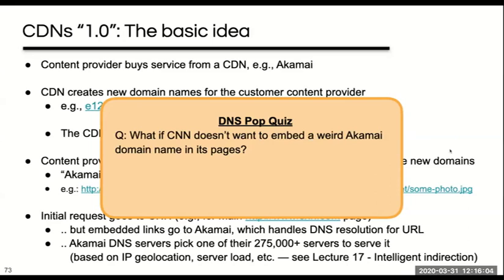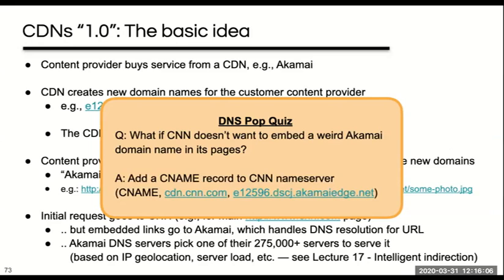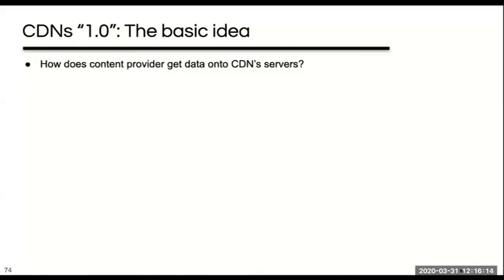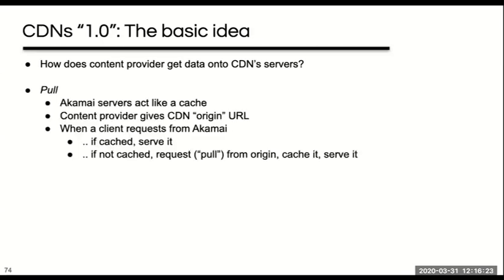You CNAME it, right? And so CNN, in fact, does have a CNAME: cdn.cnn.com is, in fact, this Akamai record. Good job.